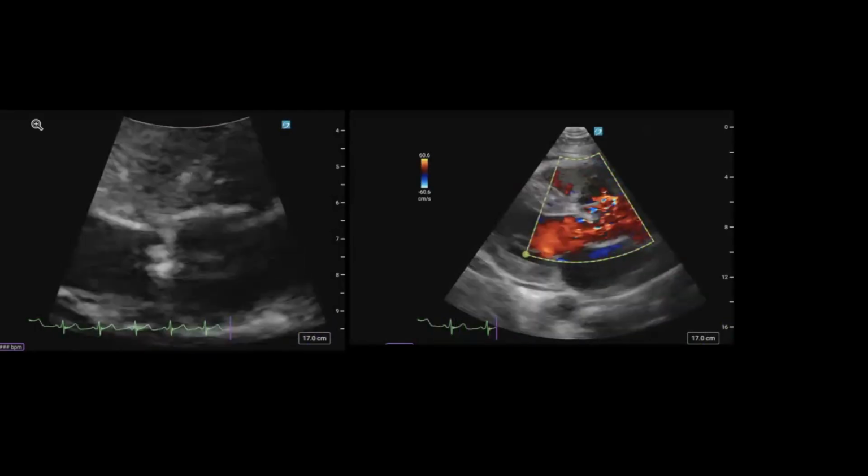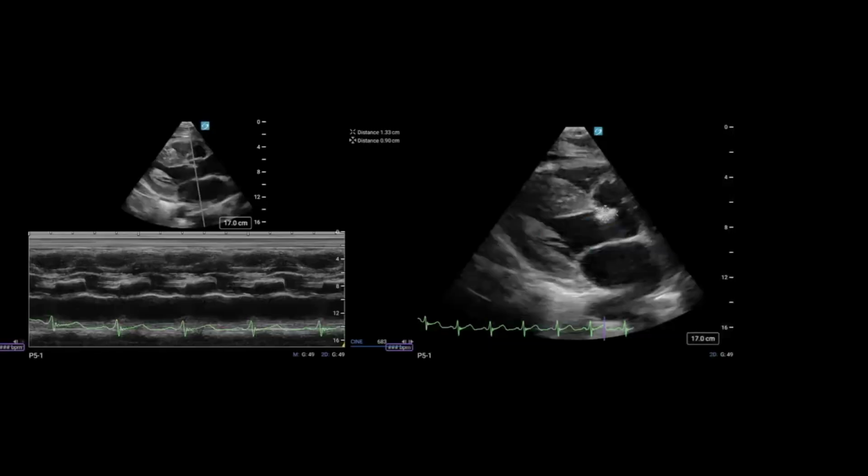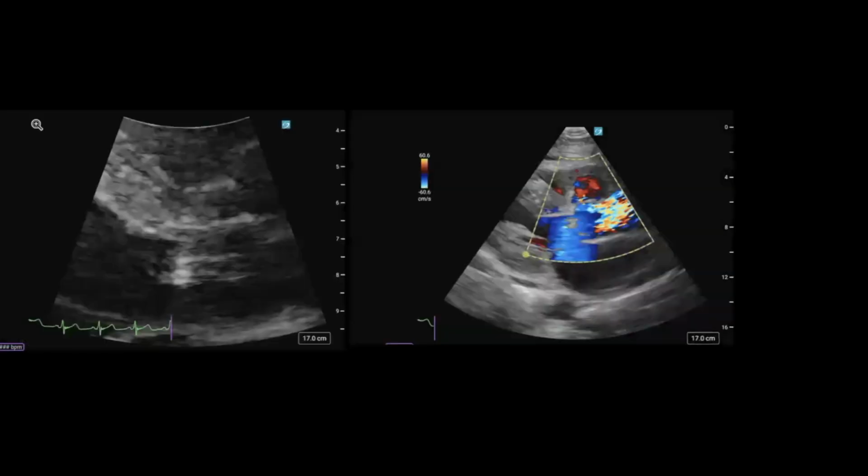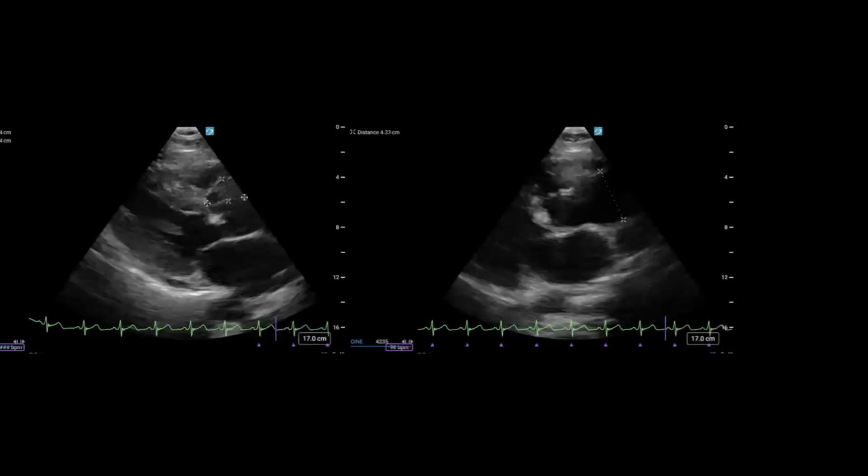Is there vegetation there as well? That's the concern. Or actually, no, because it's a little bit north of that. So the concern is from the aorta. It's just a still image in terms of measurements, but quite large, over 1.3 centimeters.